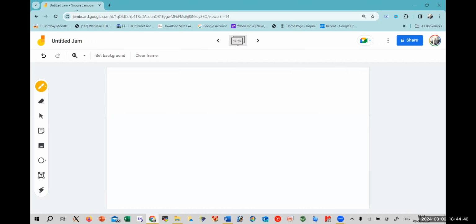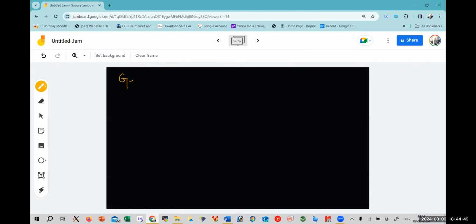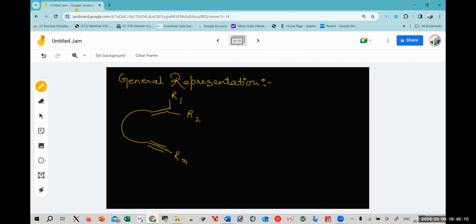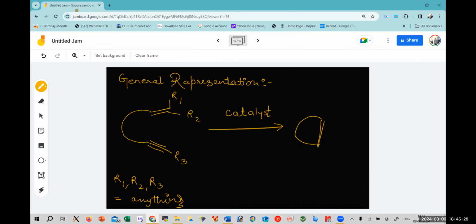So generally, if we give a general representation, any number of carbons you can expect, having an alkene bond with R1 and R2 substituents, and an alkyne bond with R3 substituent, right? R1, R2, R3 could be anything. So in presence of your catalyst, this would be the possible product that you're going to have.